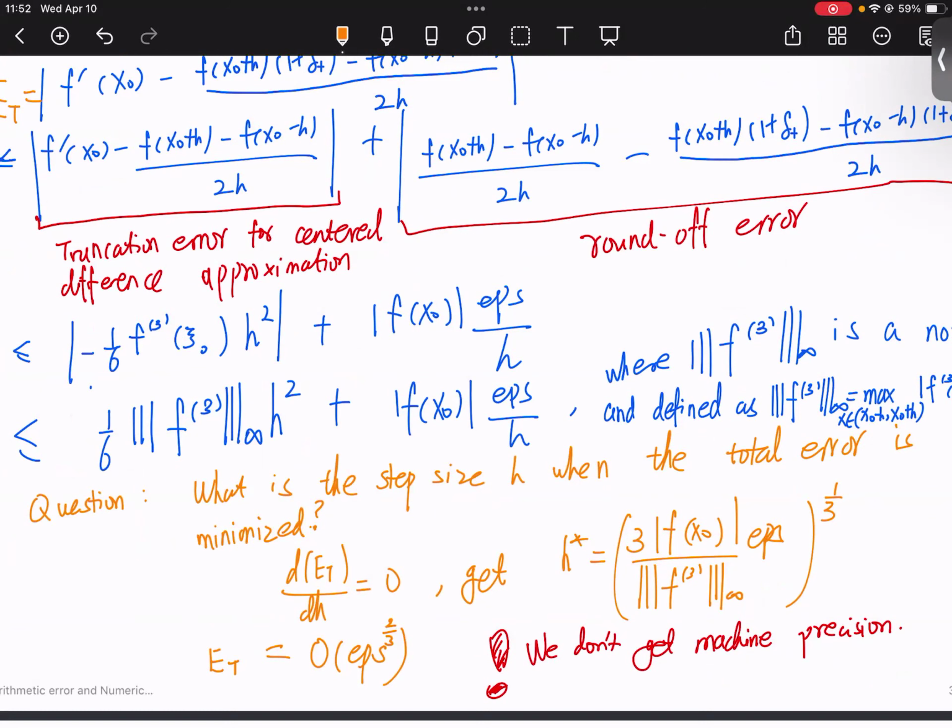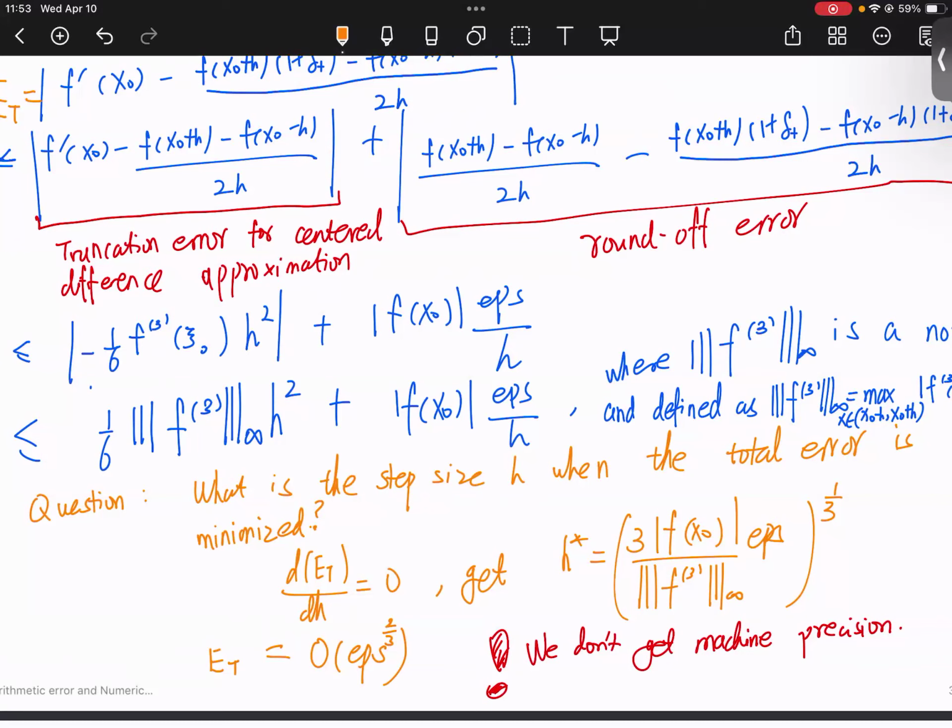This one? Yeah. So I just say this is the machine precision, right? Let's say the machine precision is 10 to the -6. And from the analysis, we got this total error is a constant times epsilon to the 2/3.